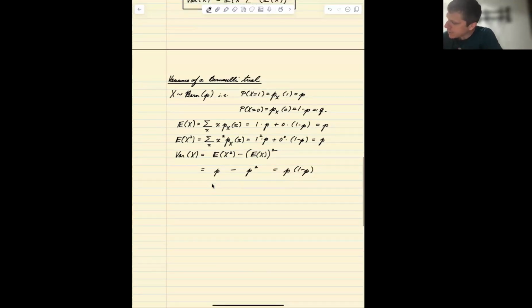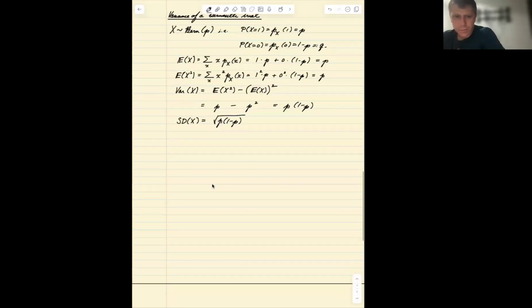And the standard deviation is the square root of that. So that's how we use the formula.